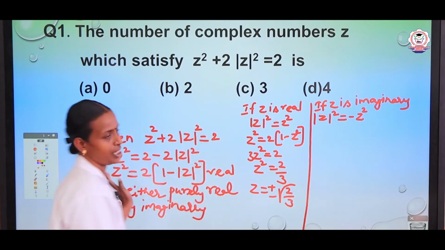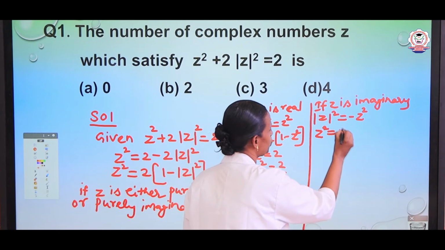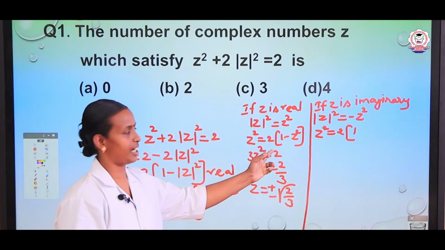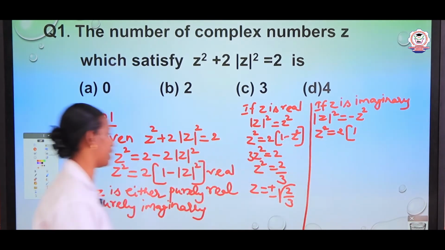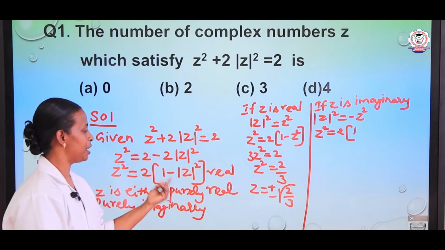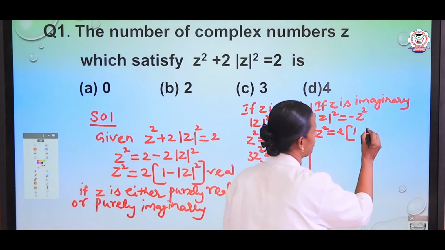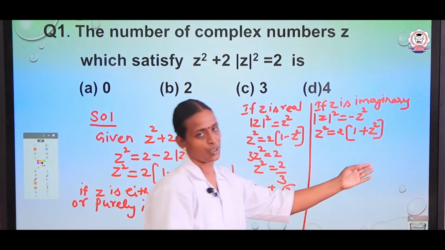So the equation will become Z square equal to 2 into 1 minus modulus of Z square. Already minus modulus of Z square value is minus Z square. Therefore, you have to write minus Z square, and since minus is already there, plus Z square. So this is plus 2Z square.